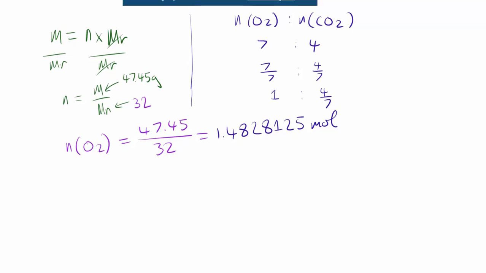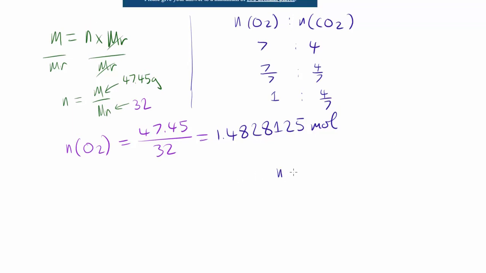So what does that tell us? Well, that tells us that the number of moles of CO₂ is equal to 4 over 7 multiplied by the number of moles of oxygen, and we have the value for the number of moles of oxygen.